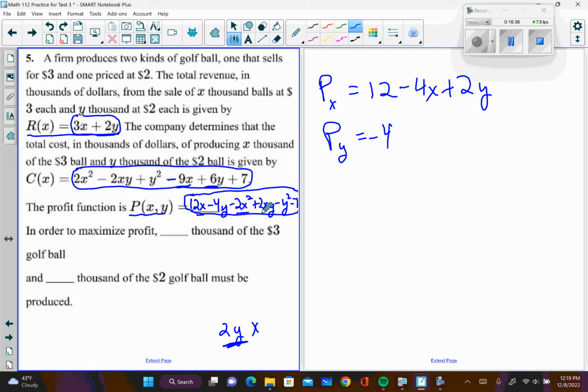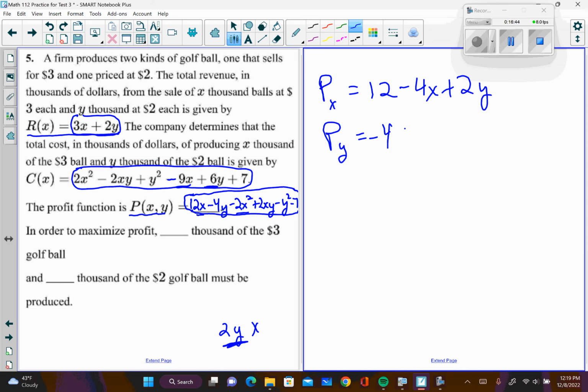The derivative of 2xy, that's 2x, is a constant, so it's a constant times y. The derivative is the constant. And the derivative of negative y squared is negative 2y. And the derivative of negative 7 is 0. We need to find when both of these partial derivatives are equal to 0.